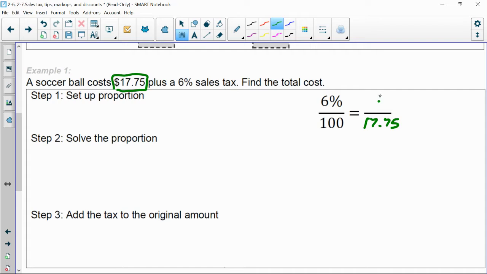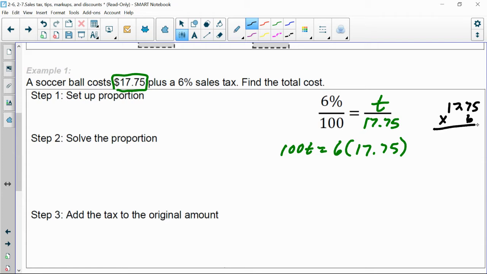So you can use a T, an S, X, Y, Z. T for tax makes sense to me. Then we have to do our cross products. Okay, so we know we have 100T equals, and we have to take our 6 times our 17.75. Okay, so I'm going to do a little bit of my computation off to the side. 1775 times my 6.